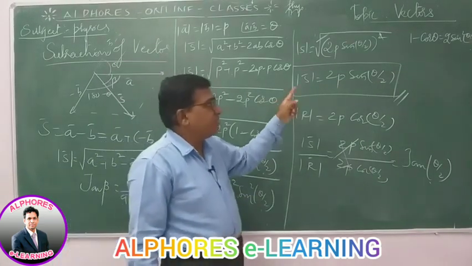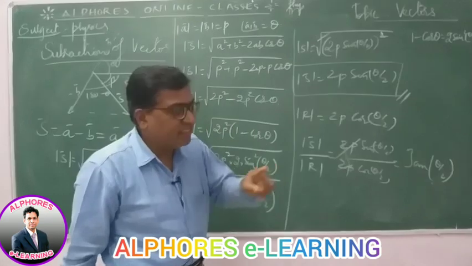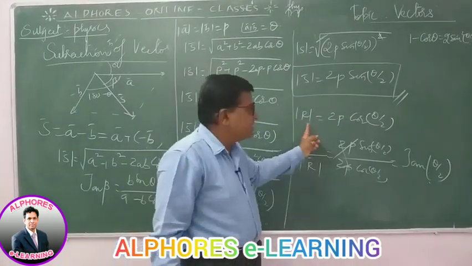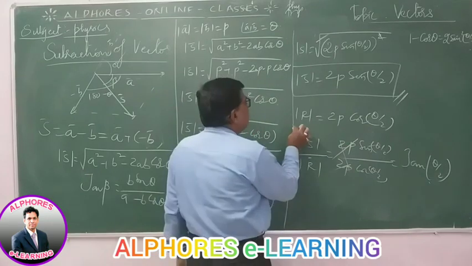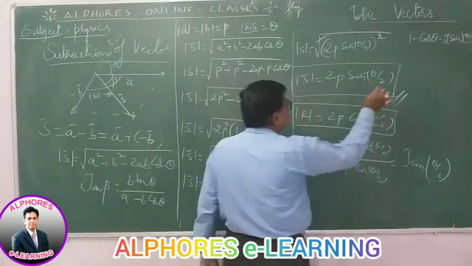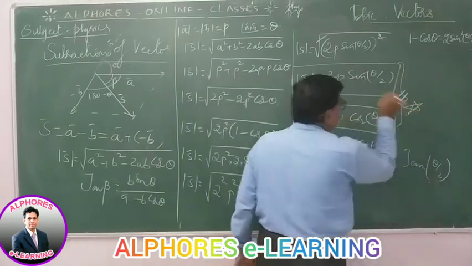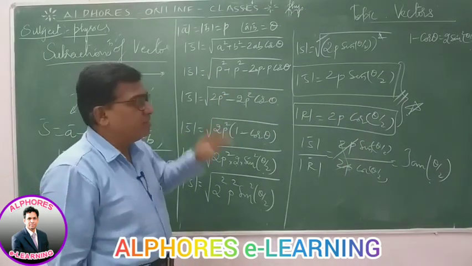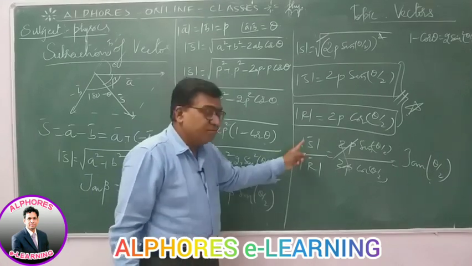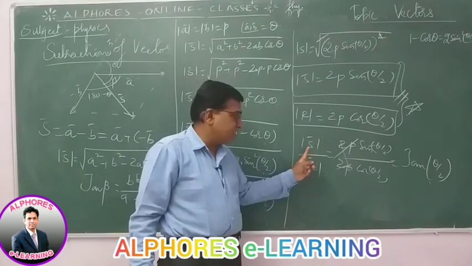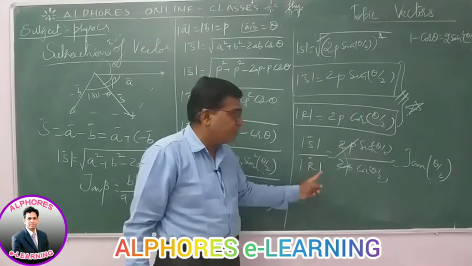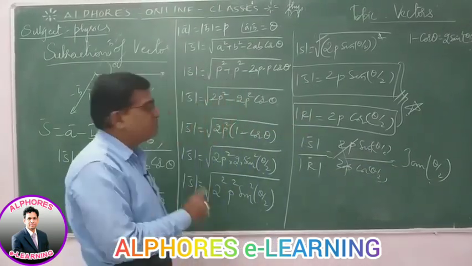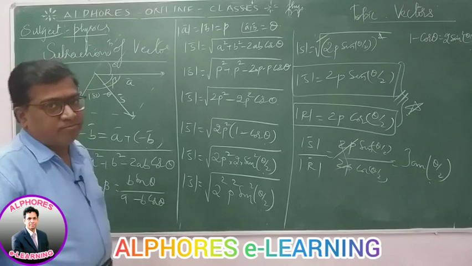The subtraction resultant is 2P sin theta by 2, and the addition resultant is 2P cos theta by 2. These two are very important for vectors of same magnitude. If you compare the subtraction resultant and the addition resultant, the ratio is tan of theta by 2.